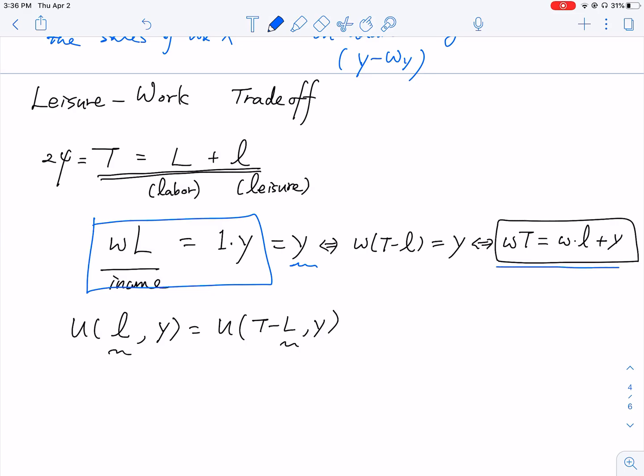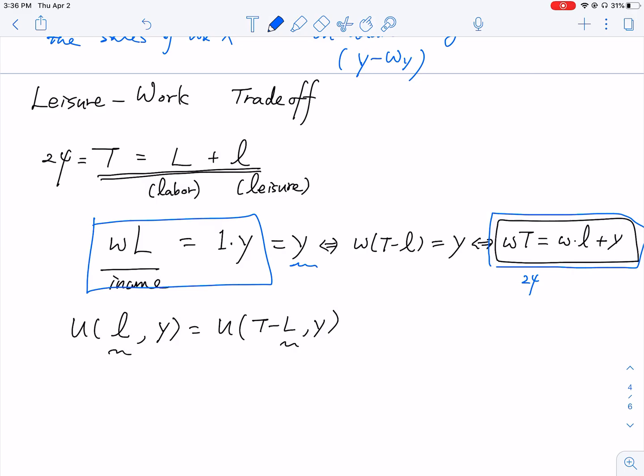A different way to think about that is the following. You have 24 hours, and you're selling the 24 hours at the hourly wage W, and using that money, you're purchasing the leisure at the same W. In other words, leisure's hidden price is W, right?